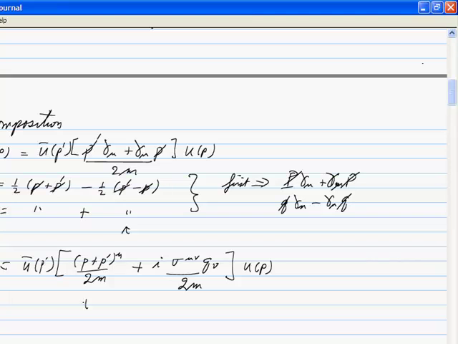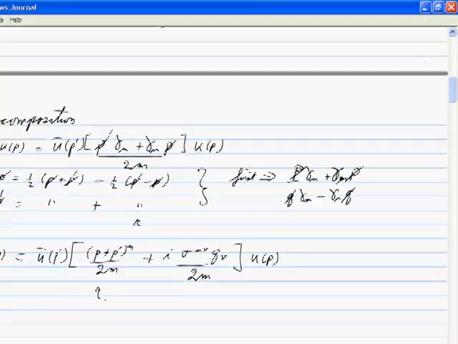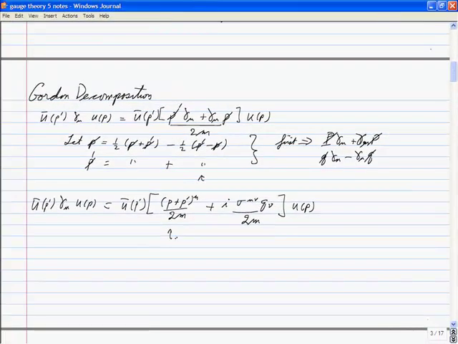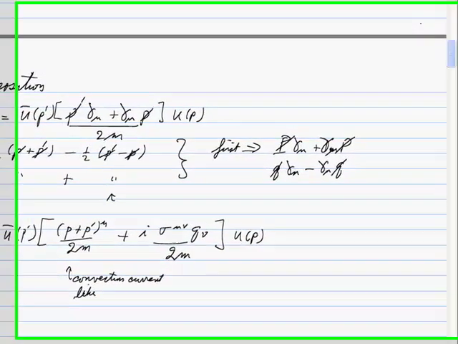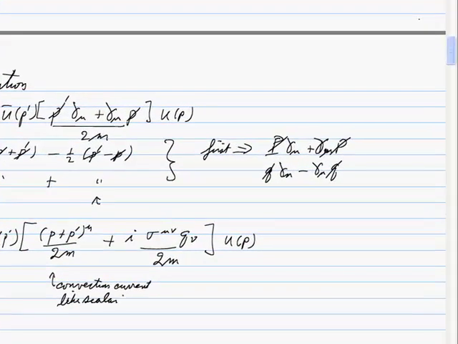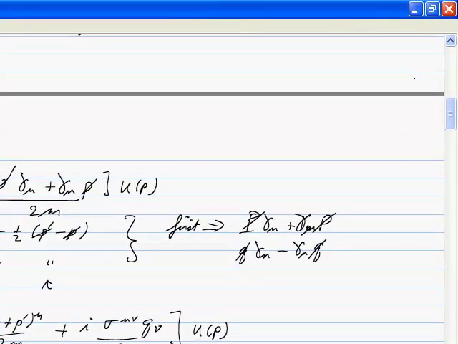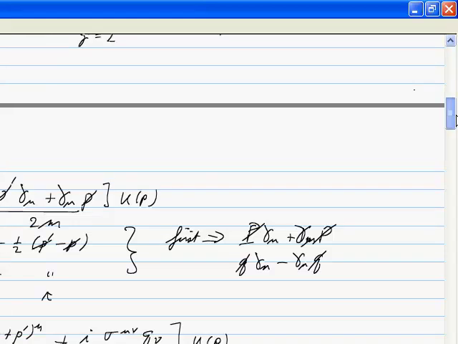And this piece looks like the convection current, which is just like a scalar. So the L dot B piece would live in there. This is the spin piece, that's special to fermions.